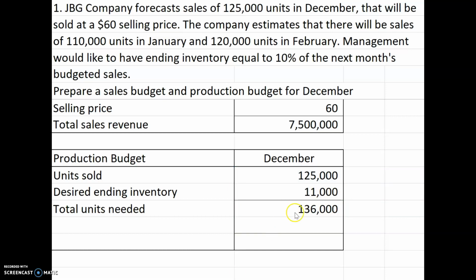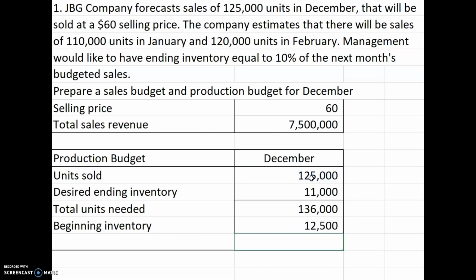So we need 136,000, but we don't need to make 136,000 because we had some units at the beginning of December. So our beginning inventory, okay, we would have ended November with 10% of December's projected units sold. So our beginning inventory would have been 10% times the December units sold.